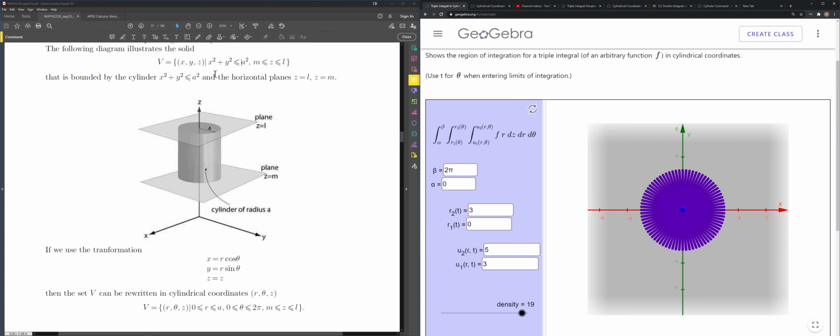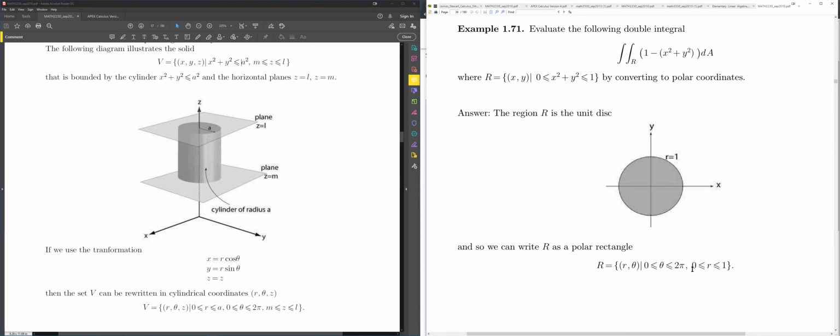Your disk of radius a we can express in r theta as the r going between 0 and a, and the theta going between 0 and 2 pi, just as what we did in normal polar coordinates.